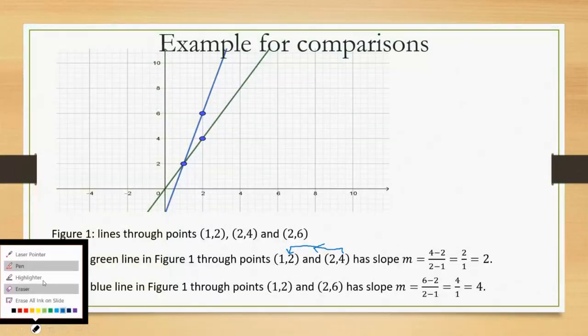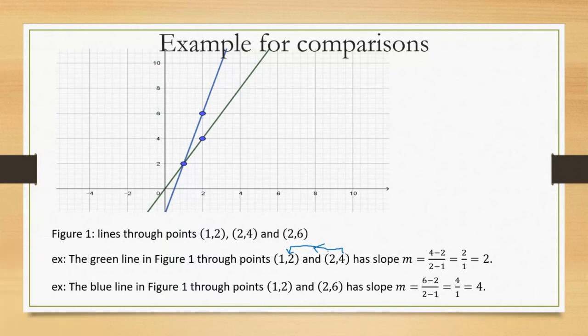All right, change in y over the corresponding change in x, in the same order, so to say, from the second point to the first point. 4 minus 2 over 2 minus 1, which is 2. So that slope is positive.